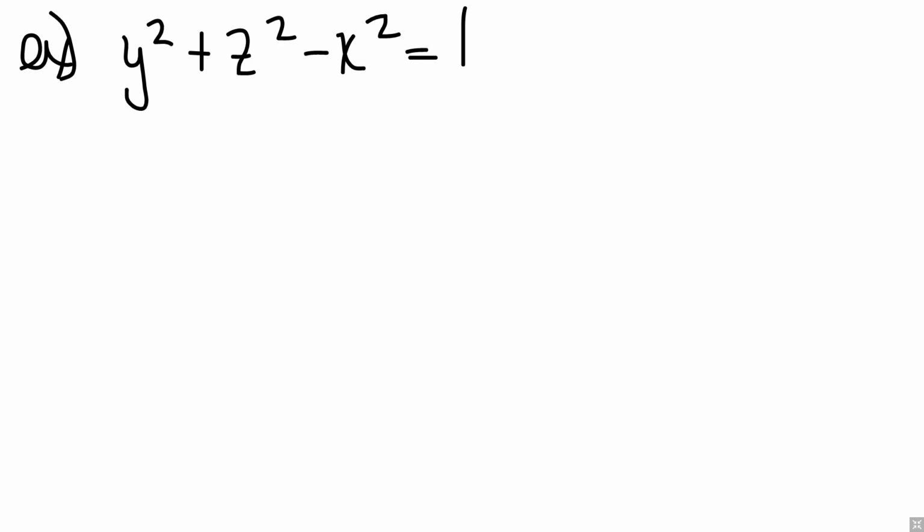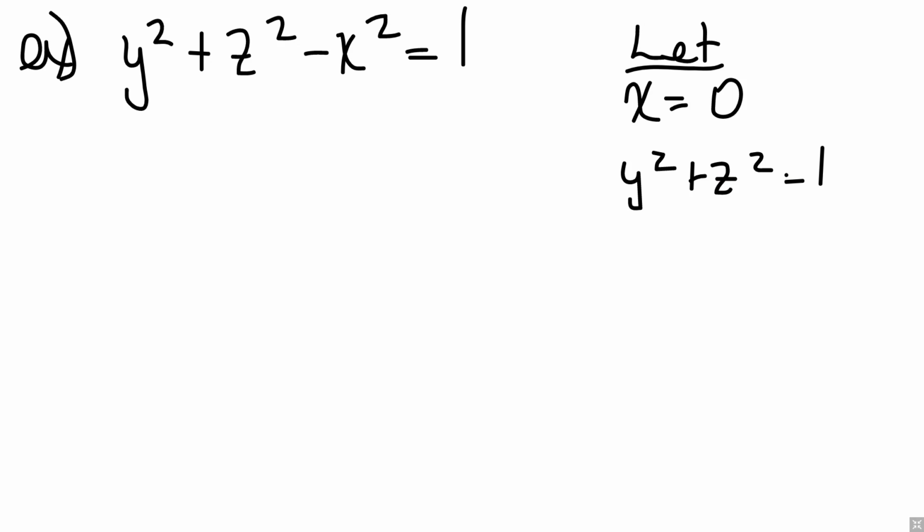Okay, so in this particular problem, this is kind of the oddball of the bunch, this minus x squared. So let's start off by just removing that term. So we're going to let x be 0. So if x is 0, that means we're going to have that y squared plus z squared equals 1.